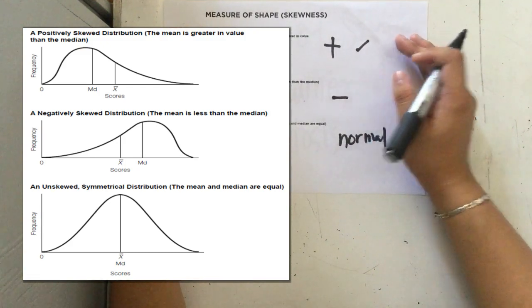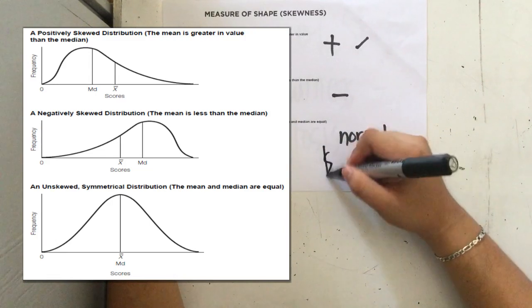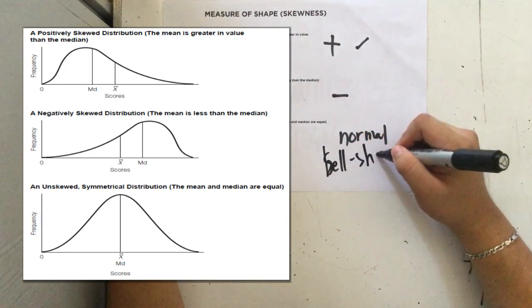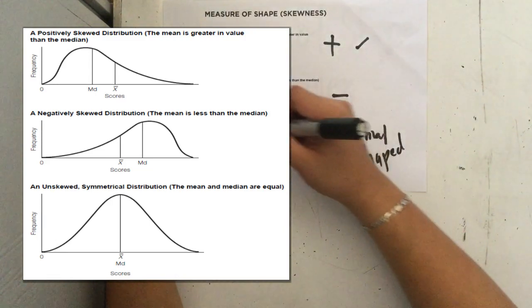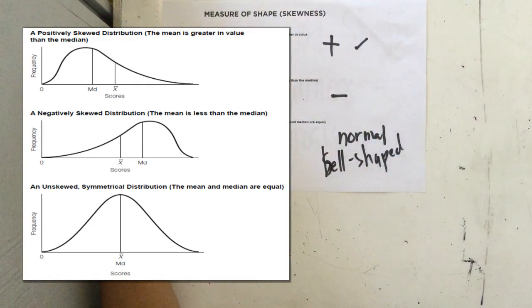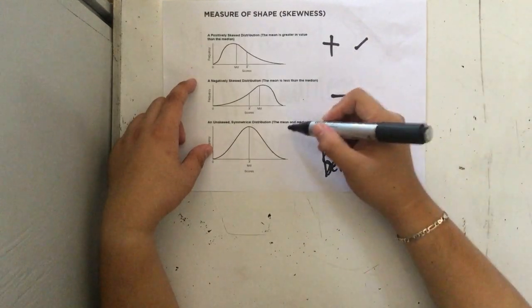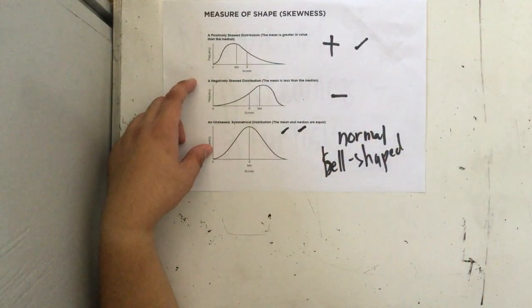And then, last one, we have a normal distribution, which is also known as bell shape. Okay? So, ganito yung itsura ng ating normally distributed na measurement. Kapag equal yung mean and median, kaya natin nasabing normal yung distribution.